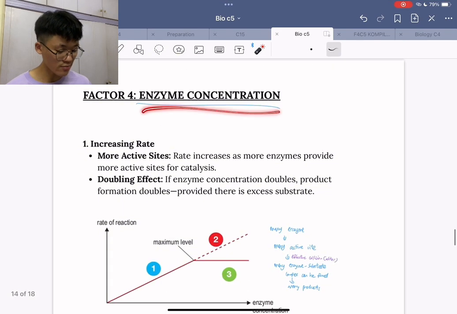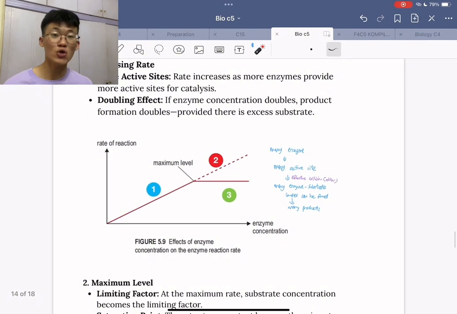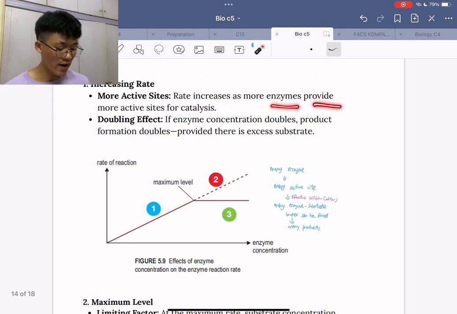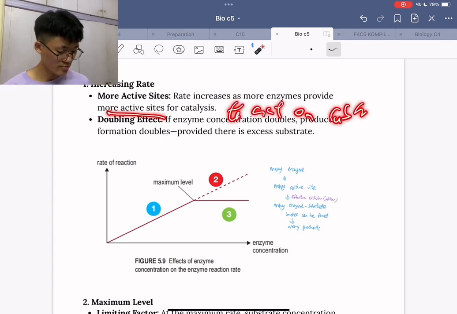So now we see enzyme concentration. It is also the same. If you have many enzymes, they will provide more active sites for the substrate, more active sites to bind the substrate.